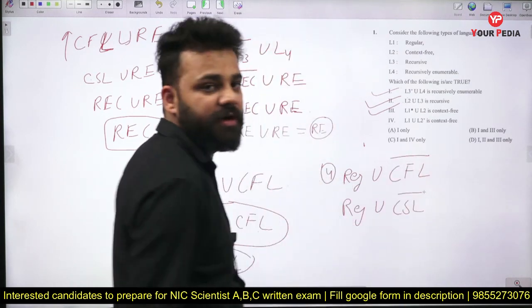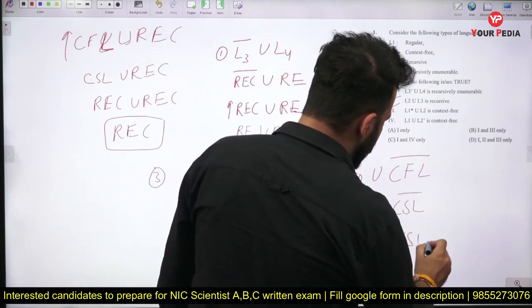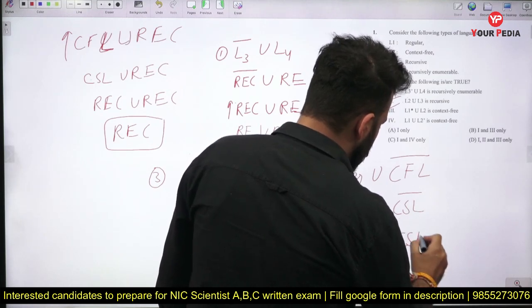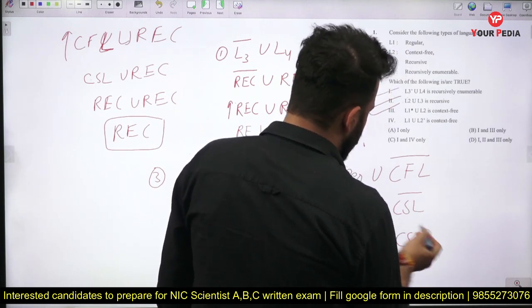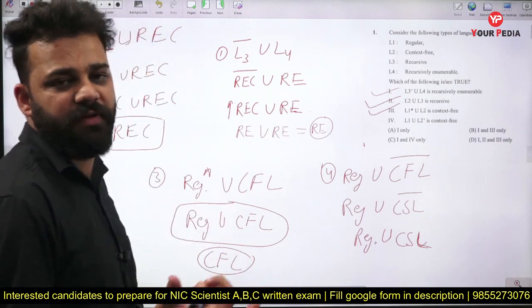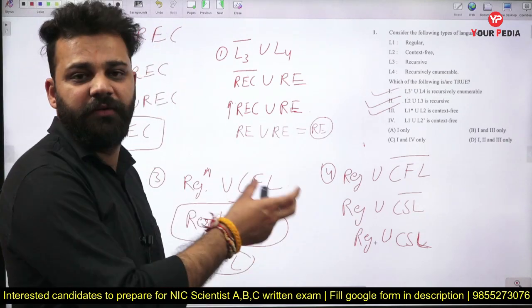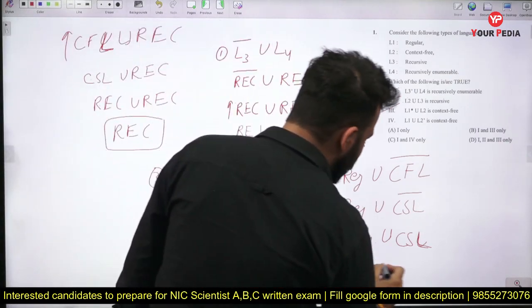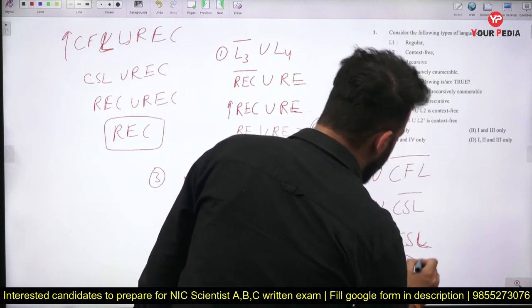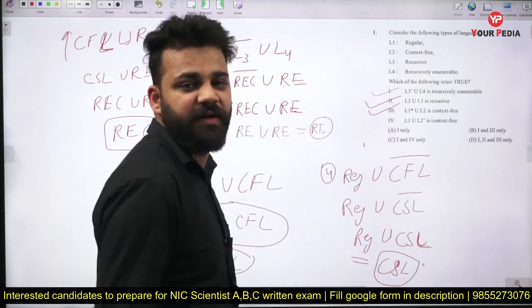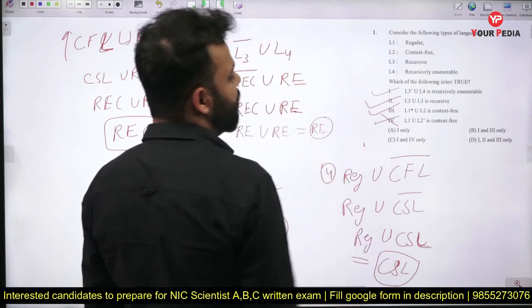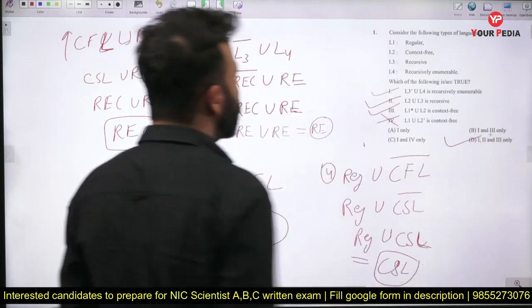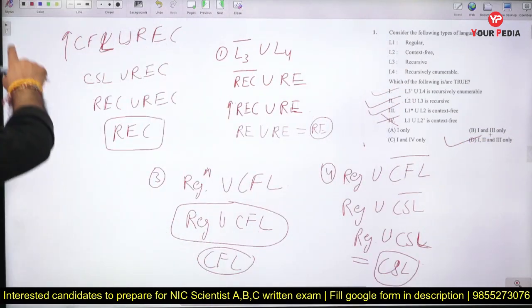Now CSL is closed under this one, so it will be CSL union regular. Again you will use the property that whenever you take a union of a language with regular language, the resulting language is same, so CSL. So this is context sensitive language, you cannot say anything about context free language. So 1, 2, 3 options are correct, so correct option is option D.